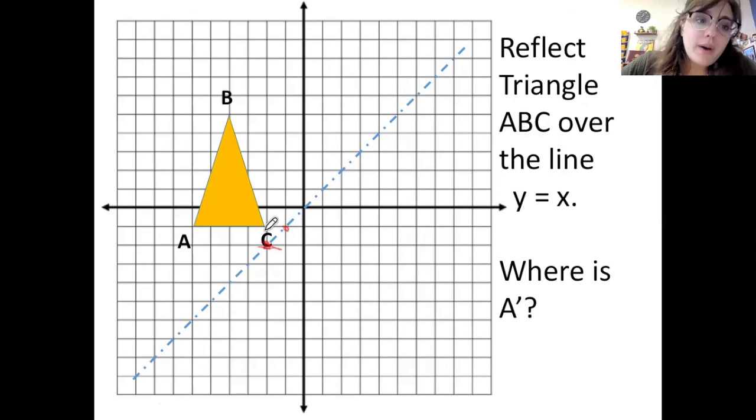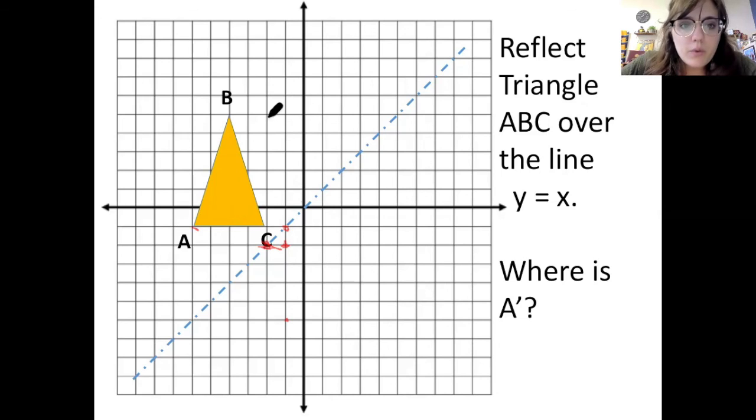Instead of going 1 to the side, I'm going to go 1 down. This is how to do it non-algebraically, completely on the graph. Now I'm going to go 5 down. 1, 2, 3, 4, 5. This last one is funny. So I'm going to go up 1, 2, 3, 4, 5, 6.